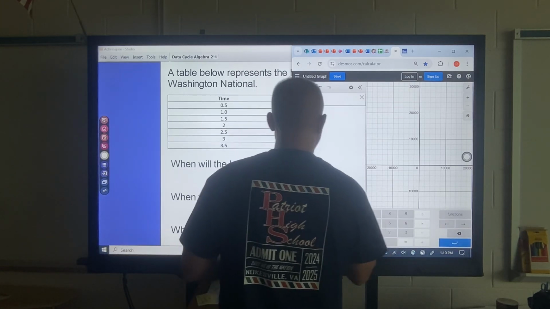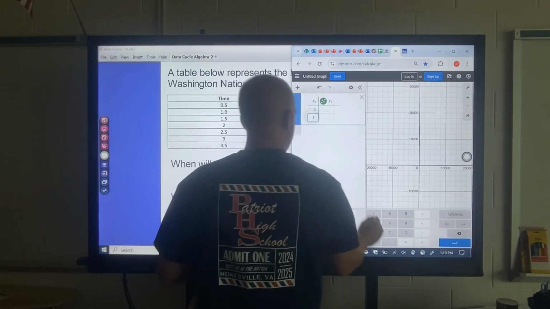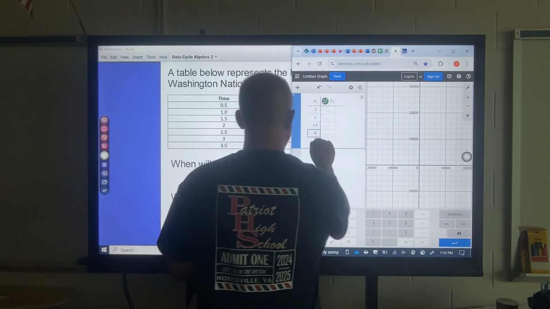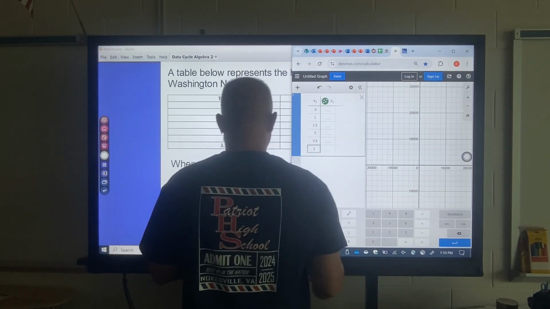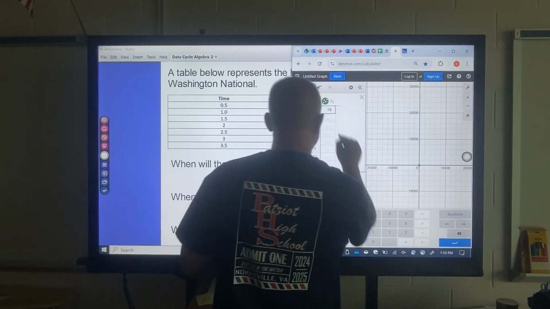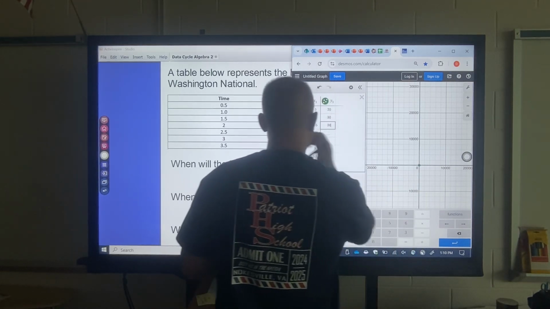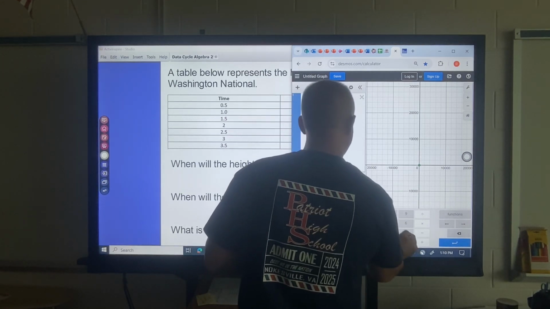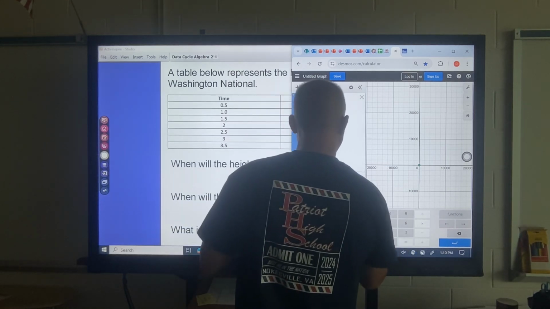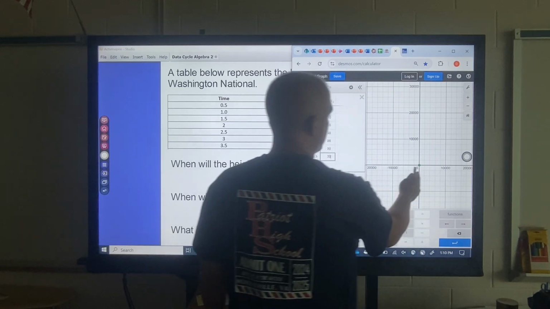Table: 0.5, 1, 1.5, 2, 2.5, 3, 3.5, and then 20, 30, 36, 38, 36, 30, and 20.